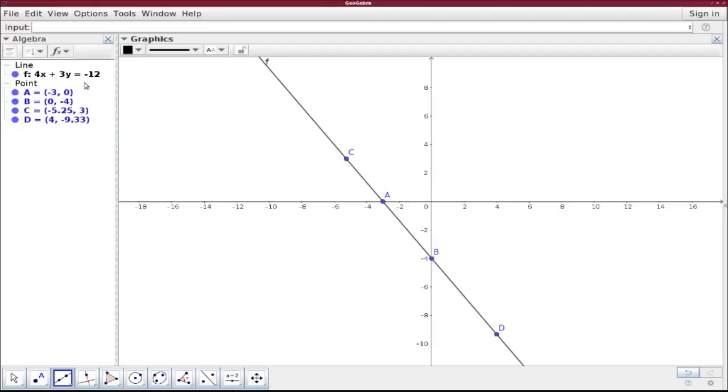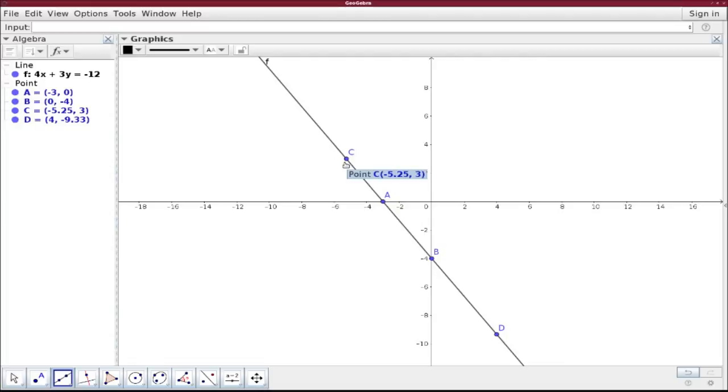Well, we can see that if we rearrange those terms a little bit, we can obtain the same equation that Geogebra gives us. And so we know that for our x-intercepts and y-intercepts, that gives us the right answer. Something that we also notice is that the points which we found, point C and point D, which are also solutions to the equations, do show up on our line that Geogebra gives us.